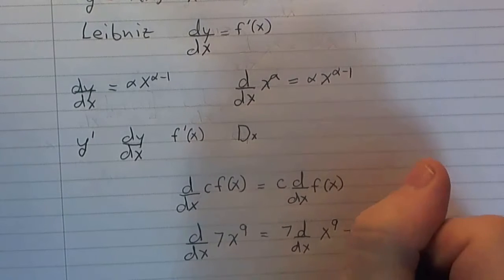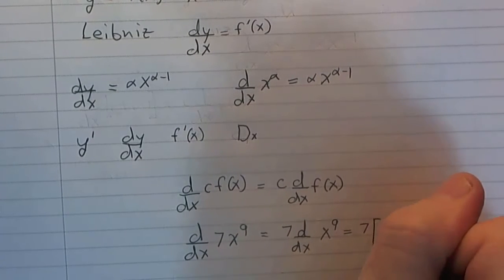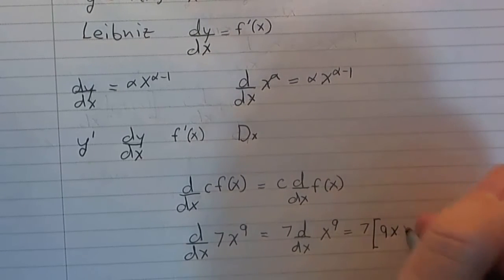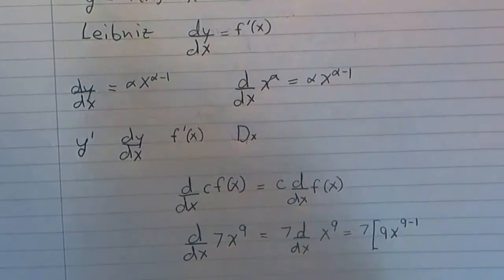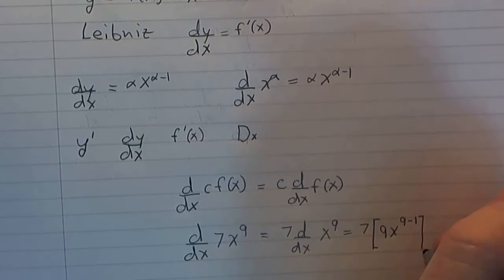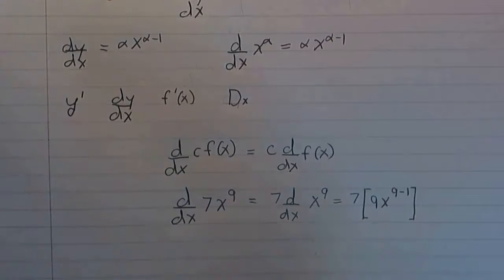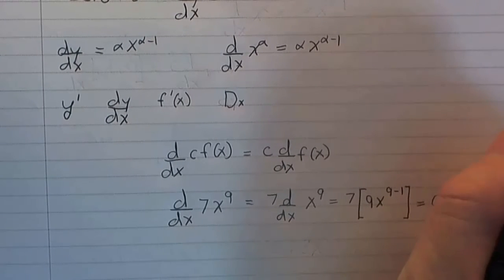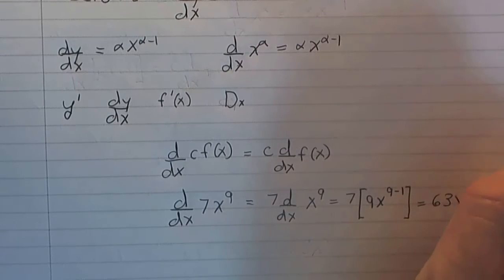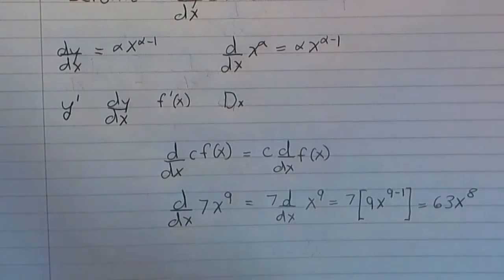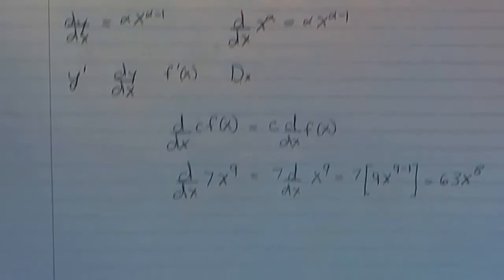So this is going to be 7 times 9x to the 9 minus 1. See? The power rule. And then, of course, that's just going to be 63x to the 8th.